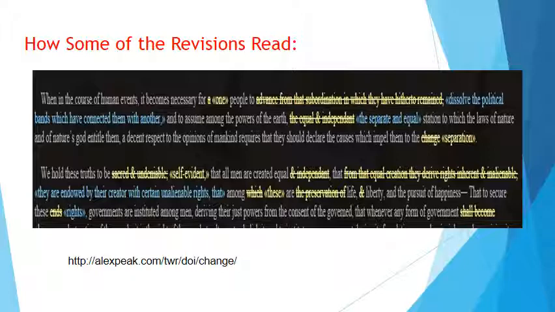They are endowed by their Creator with certain unalienable rights that among these are not the preservation of, but are, just make it straightforward, life, liberty, and the pursuit of happiness. That to secure these, not ends, rights, let's be very specific. Much better word there. Governments are instituted among men, deriving their just powers from the consent of the governed, in other words, from the vote, that whenever any government, any form of government shall become, and it goes on.